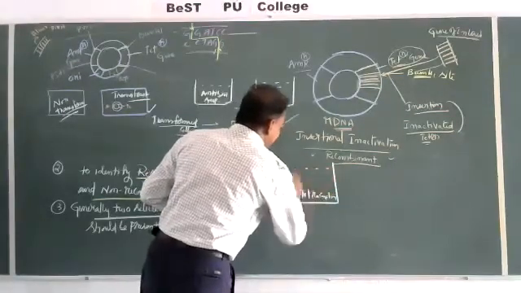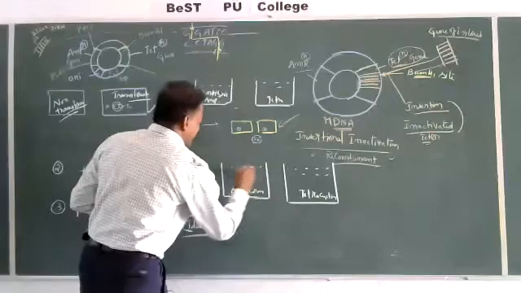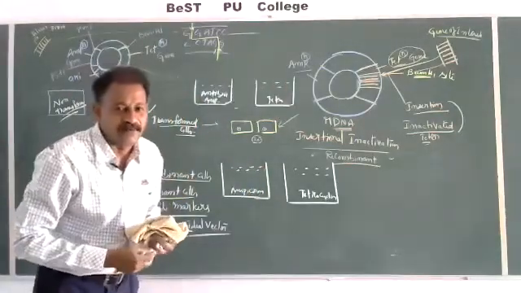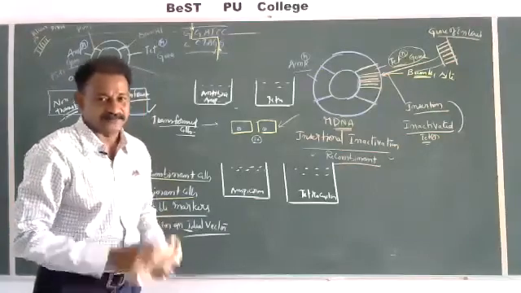So tetracycline is kept here, ampicillin is kept here, and we are dropping the bacteria. What happens?